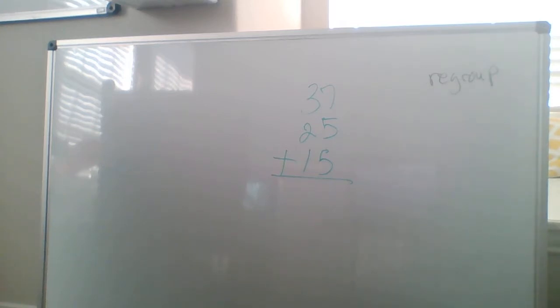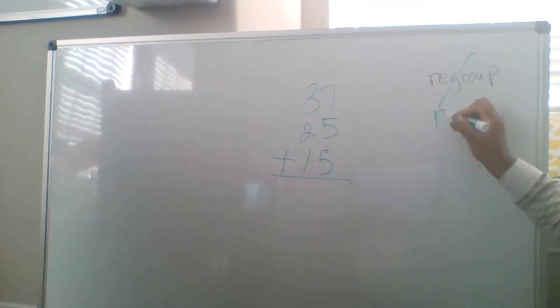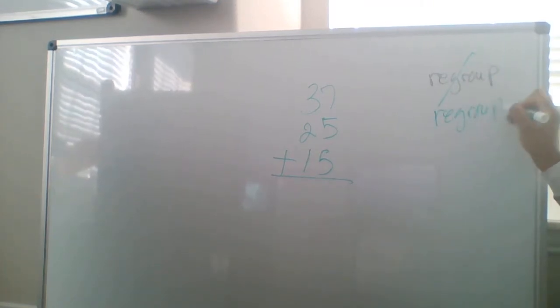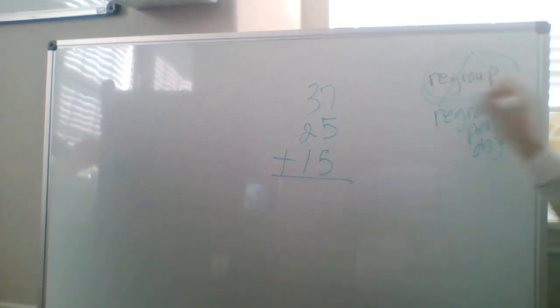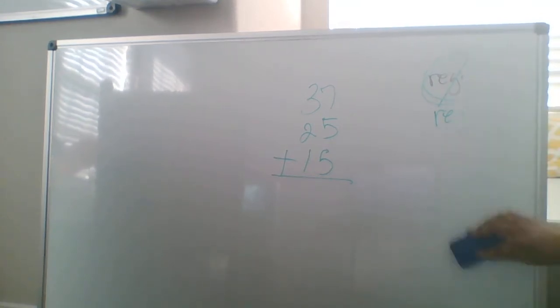Can you even use that word based on your definition with numbers? The answer is no, guys. We cannot regroup numbers. We can regroup people. We can regroup objects. But you can't honestly regroup numbers. So why do we learn it this way?